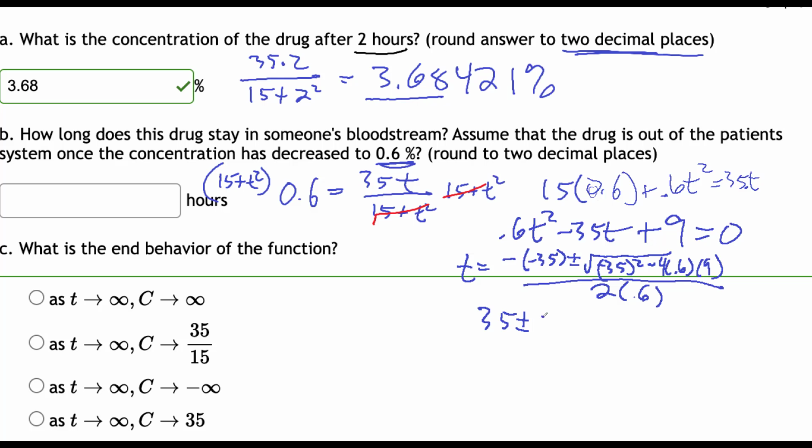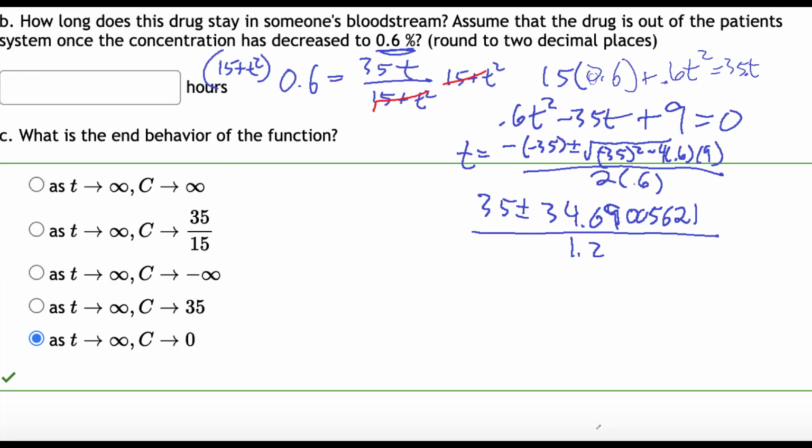And that's going to be 34.6900521, divided by 1.2. So we have 2 answers out of this. We have the 35 plus the 34.6900521 divided by 1.2, and then we have the minus.